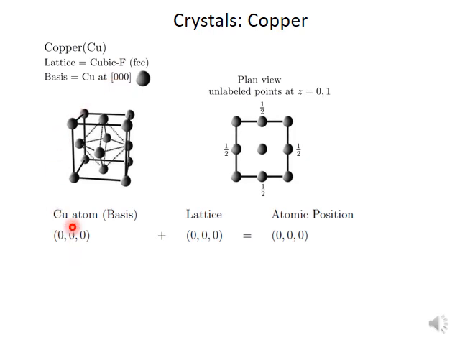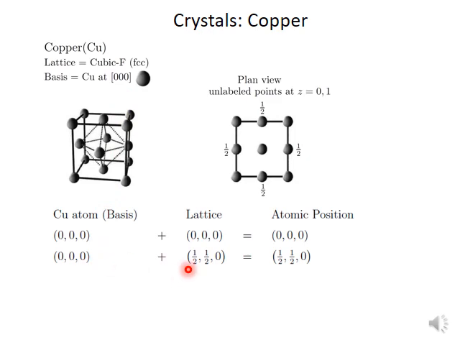Then the next lattice point is on one of the faces, which is 1/2, 1/2, 0, which is this face, and we put a copper atom exactly at that location, because the basis is 0, 0, 0, which means it puts the atom exactly at the lattice point. And similarly for the other faces as well.